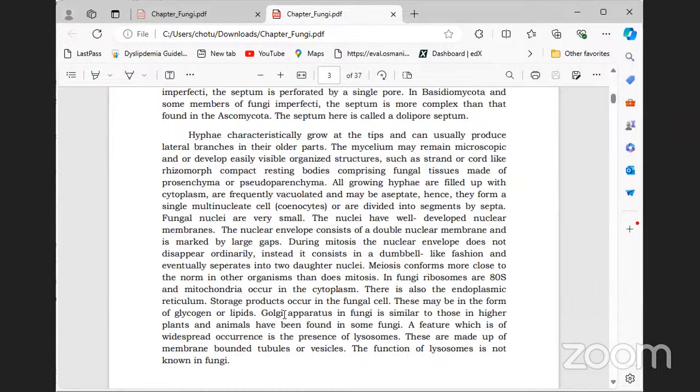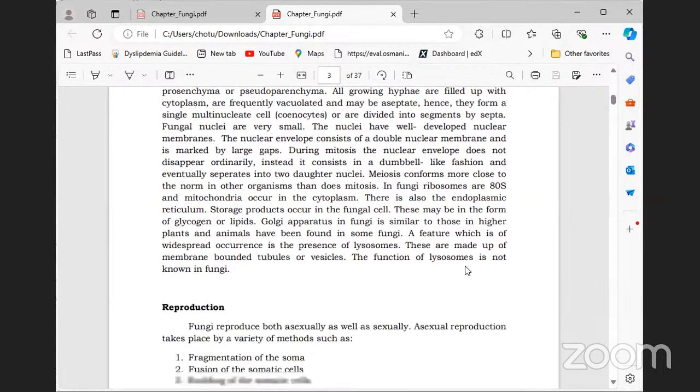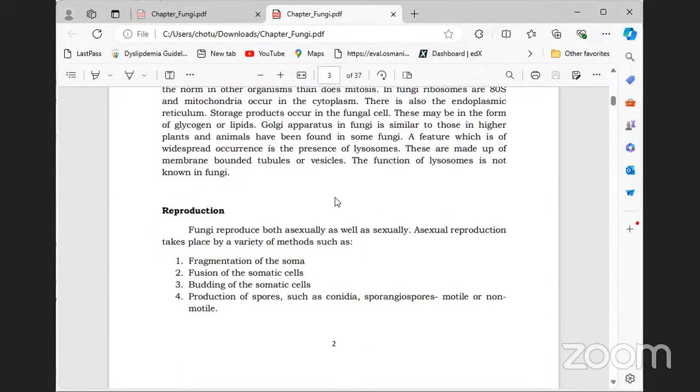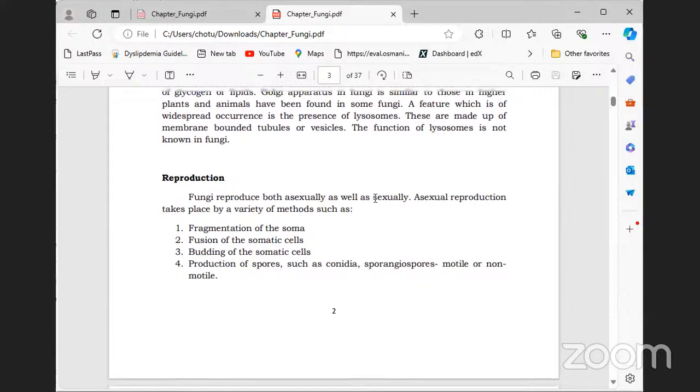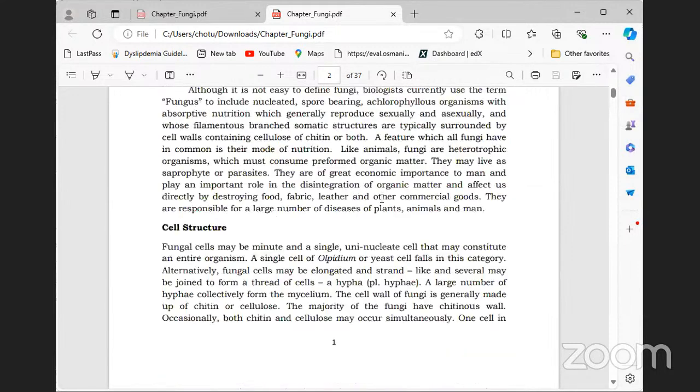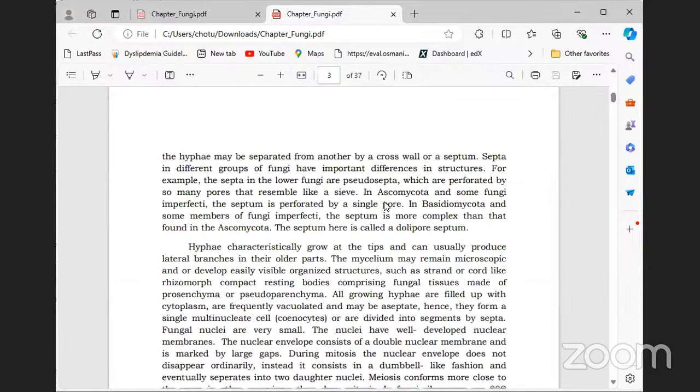Widespread features also include the presence of lysosomes, made up of membrane-bounded tubules or vesicles. In some fungi, lysosomes are not known. These are the total cell structure, how the structure is present.